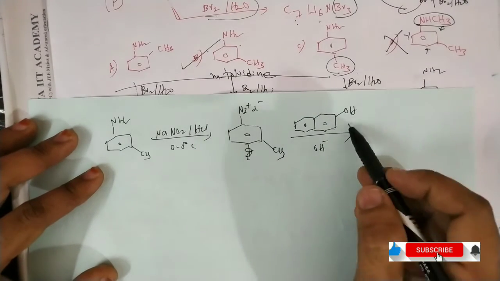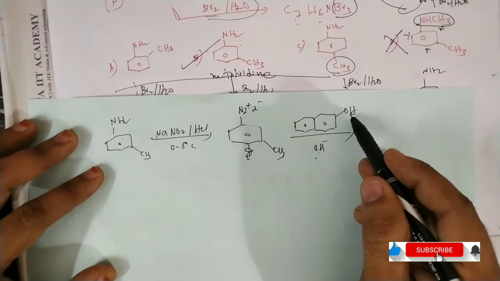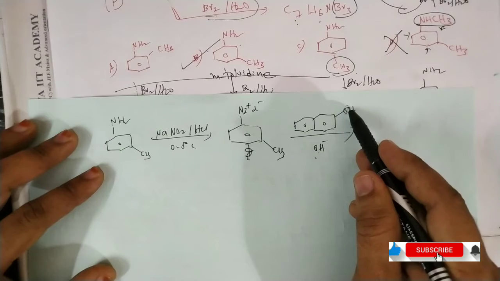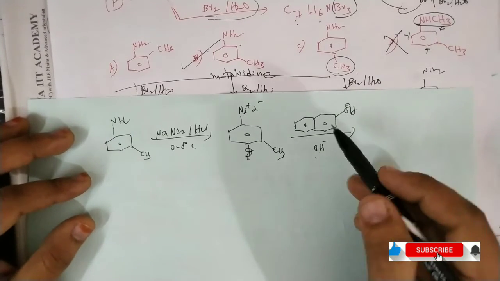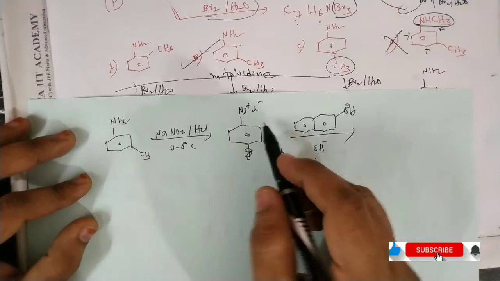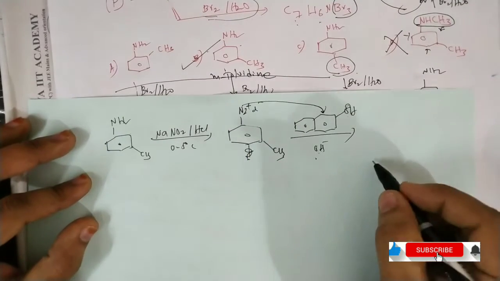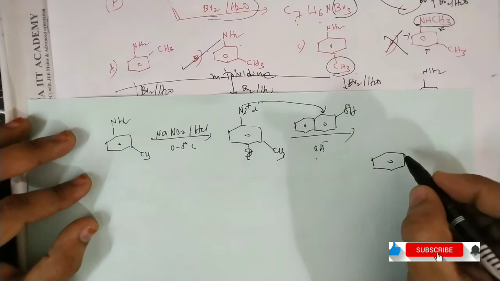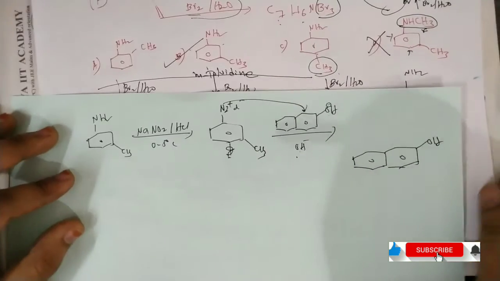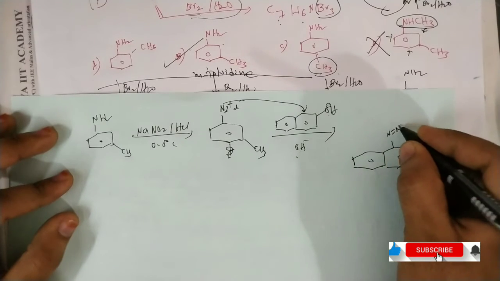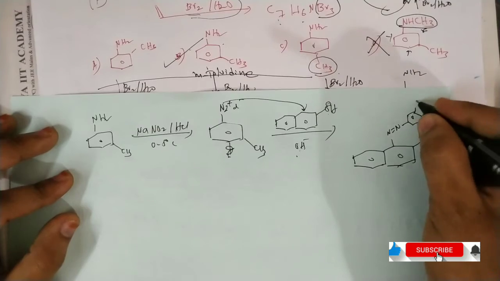The coupling of phenols takes place in the presence of basic medium. Why? Because OH minus removes the H plus from this, and O minus becomes a highly activating group. So here the diazotization takes place, this N2 plus attacks at this position, and we will get the colored compound: N double bond N, this is the benzene, and at the meta position methyl.